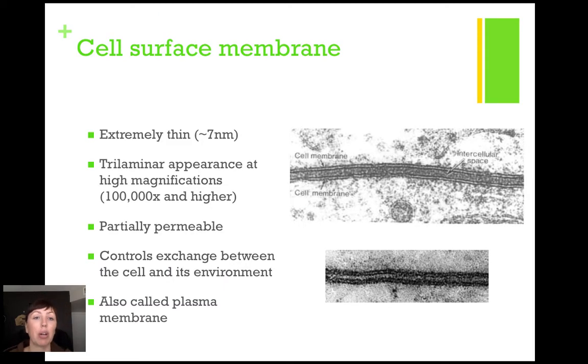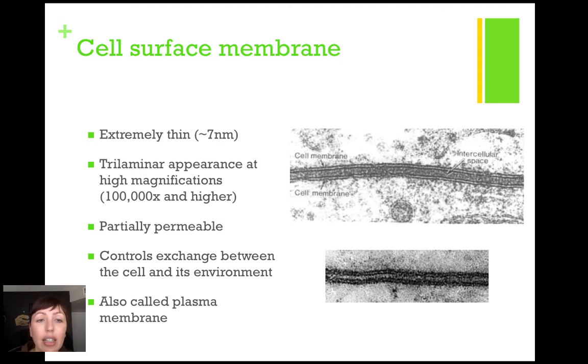Okay, cell surface membrane. So we are going to talk a lot more about cell surface membrane when we get to cell transport, but just as a part of the cell structure, we'll just talk about it in general for now. The cell surface membrane is extremely thin, okay, it's less than 7 nanometers.